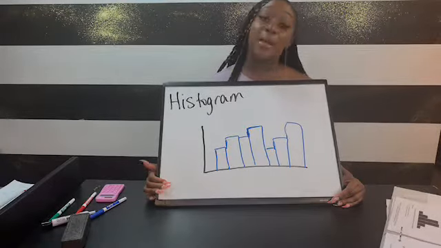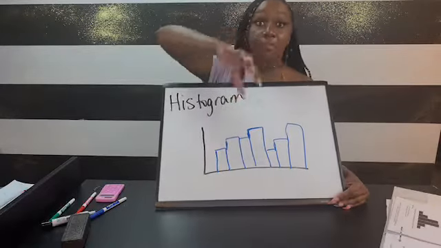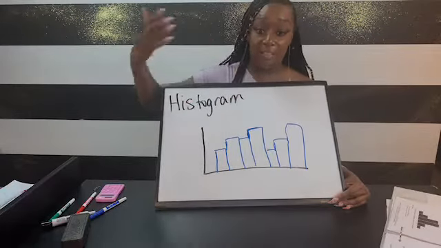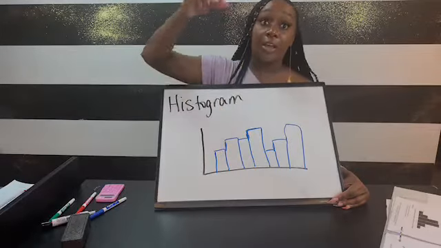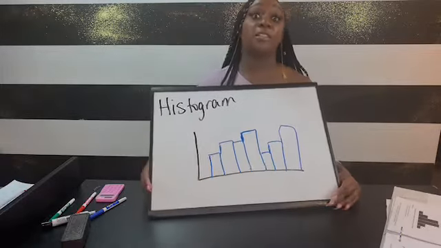So these people might spend 5 hours on social media, these people might spend 7 hours, these people might spend 6 hours. And in collecting that data, instead of comparing the different people that we got the information from, we're just comparing the frequency. How often are they doing these things? So this is what is going to be important for you guys in understanding the histogram: comparing frequencies versus a bar graph, which actually compares the variables.